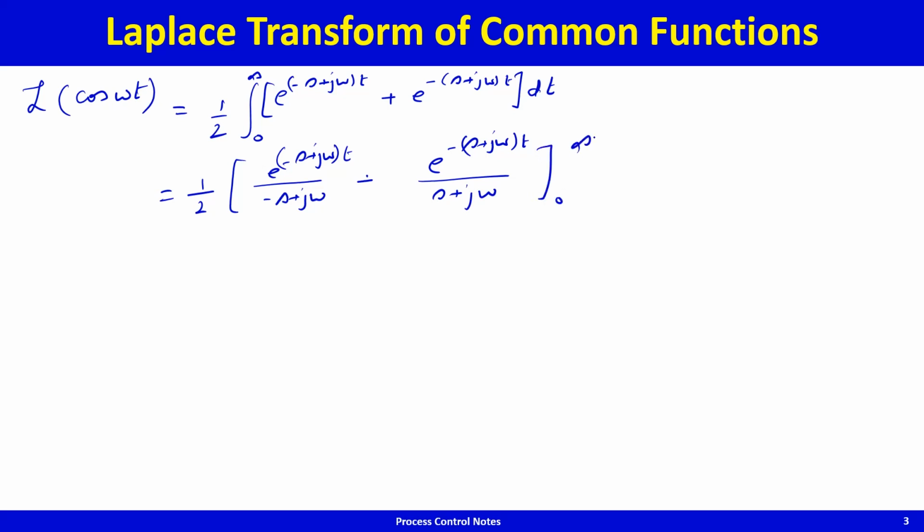0 to infinity, and so what we'll get is half of this will become positive, so 1 over s plus j omega minus 1 over... Is that right?